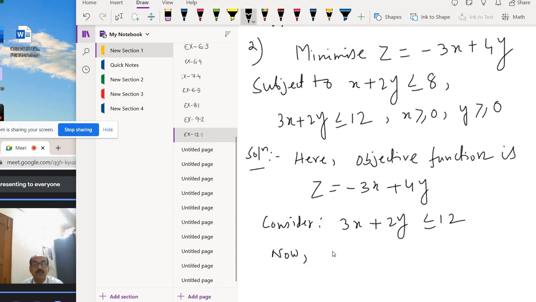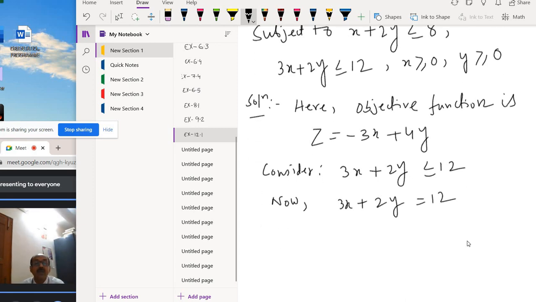This will be 3x plus 2y equal to 12. To make standard form, divide each term by 12. So 3x by 12 plus 2y by 12 equal to 12 by 12.